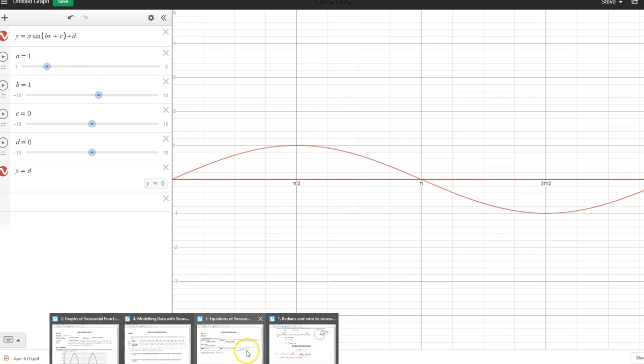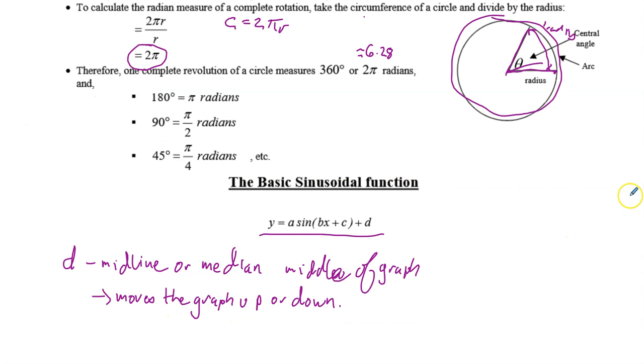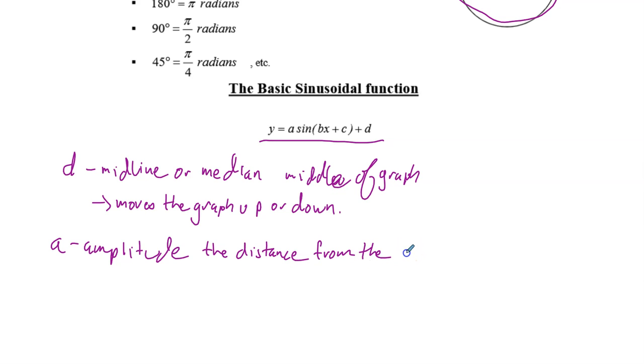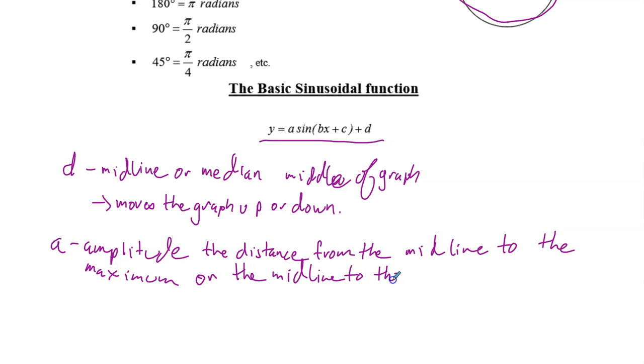So A is called the amplitude. So A is the amplitude. And it's the distance from the midline to the maximum, or the midline to the minimum.